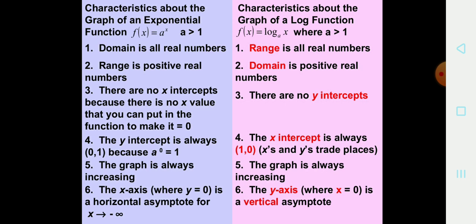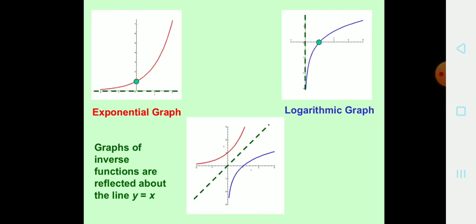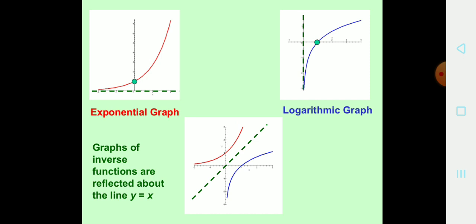Regardless, the graph is always increasing. The asymptote where x equals 0 is a vertical asymptote. The graphs of inverse functions are reflections about the line y equals x. So you can see that this is a logarithmic graph.